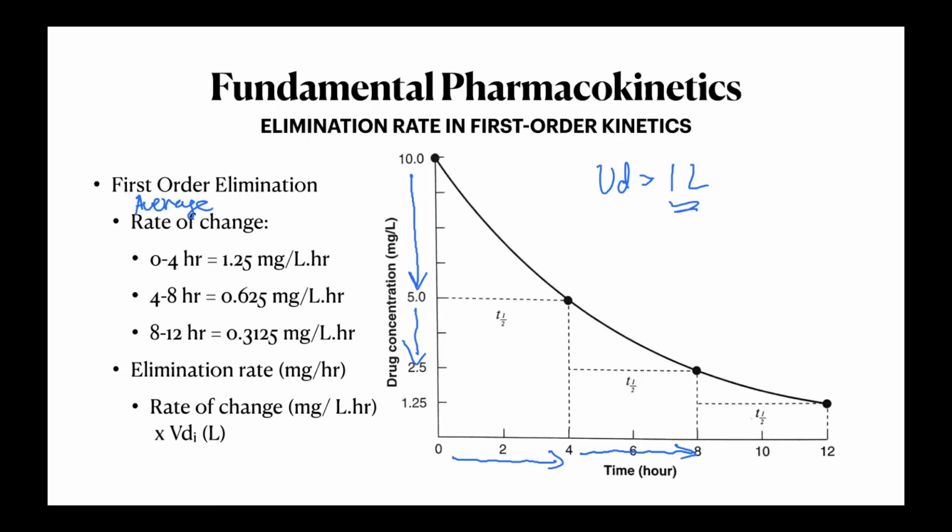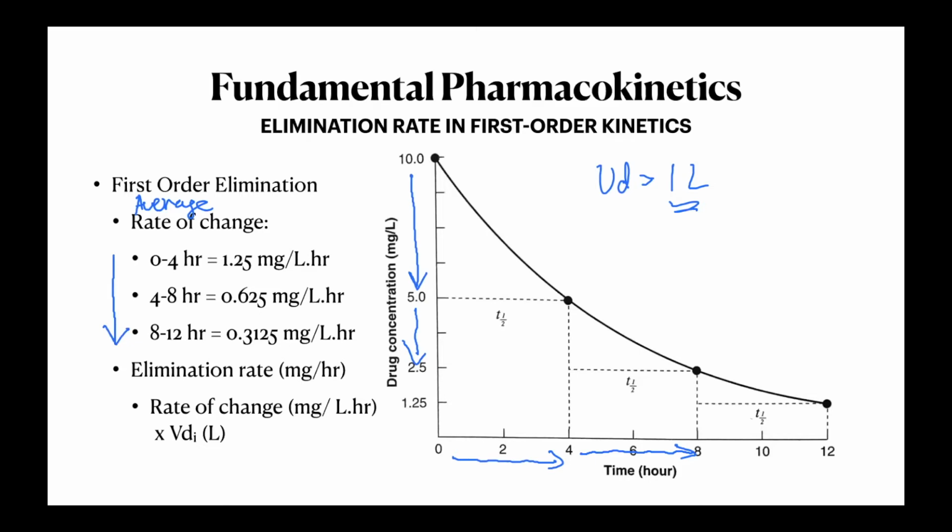So the average rate of change is 0.625 milligrams per liter per hour, where the elimination rate is also 0.625 milligrams per hour. And as you can see, as the concentration decreases, your elimination rate also decreases.